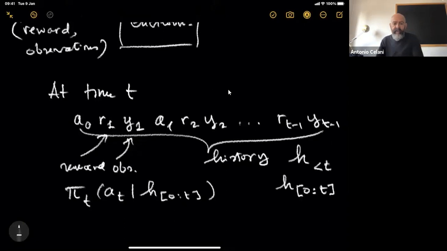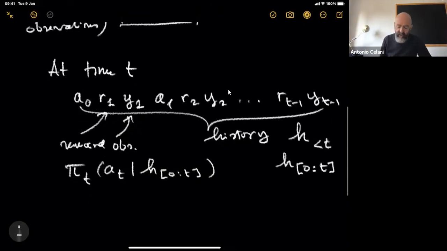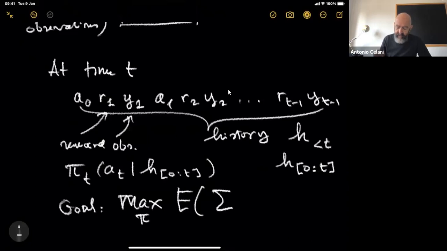So in general, the problem of reinforcement learning is to find out what are the best mappings between histories and decisions, given that we want to achieve a certain goal. And in general, the goal is to maximize, over these choices of policies, the expected value of, for instance, the sum of the future rewards from time t+1.